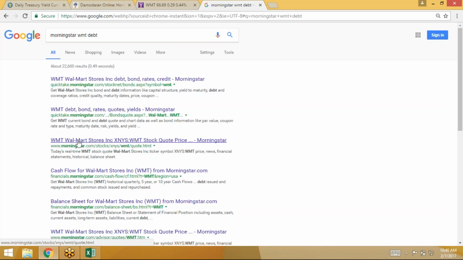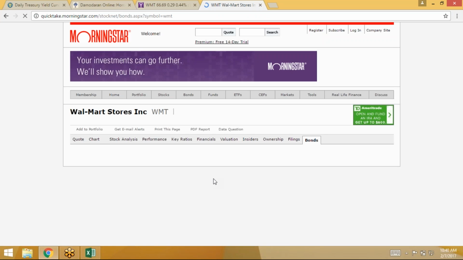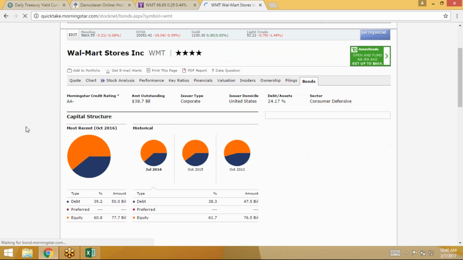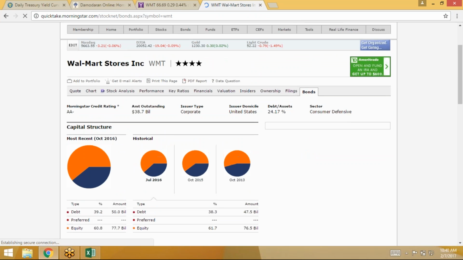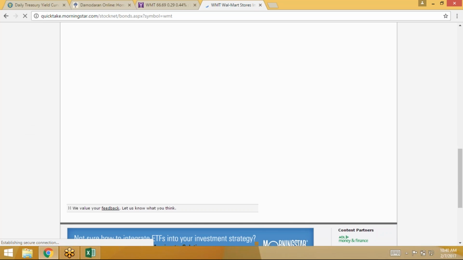So Walmart, is this the debt bond rates? Most recent current yield, and if you pull it right, Morningstar is a great place for it. Bonds, here we go. Right up top. Okay, nope, scroll down. This is taking its time.